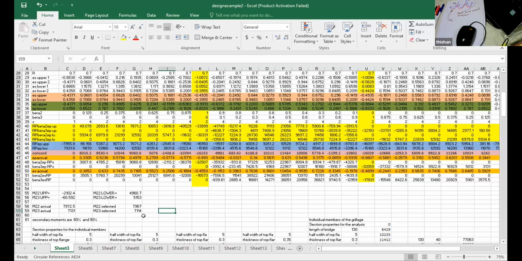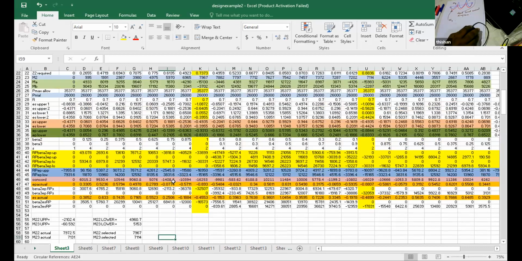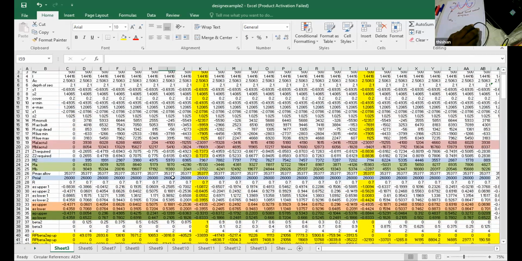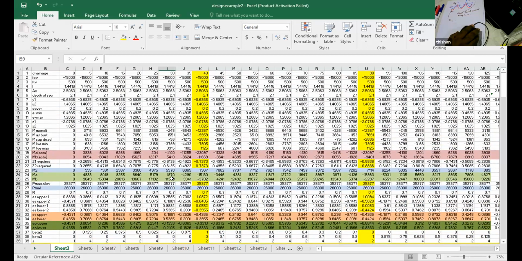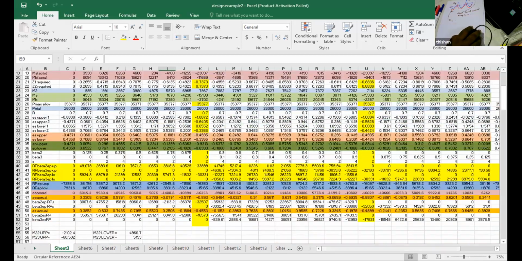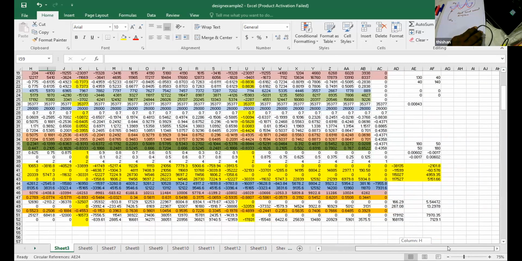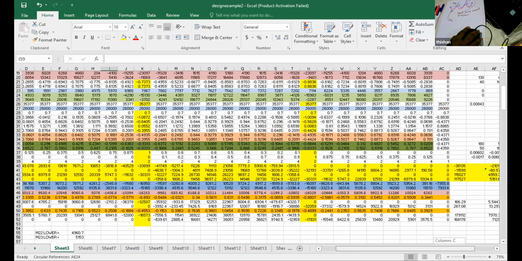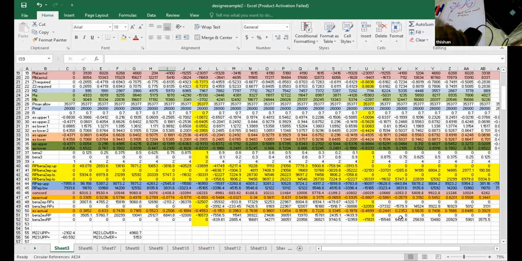And you can see the whole design for a 130-meter long bridge using 2 box girders is just this particular spreadsheet. That's all. The whole big process has been captured onto a simple spreadsheet.